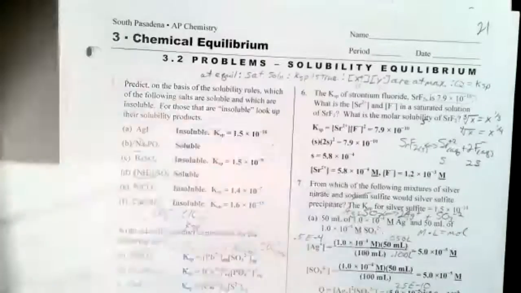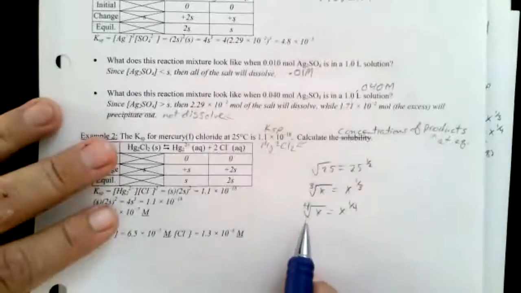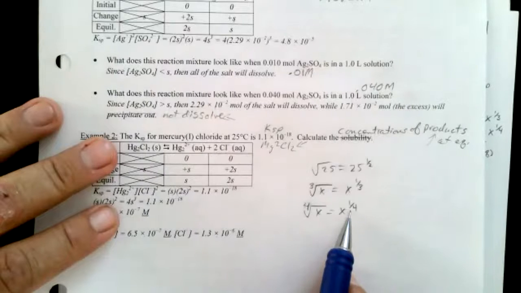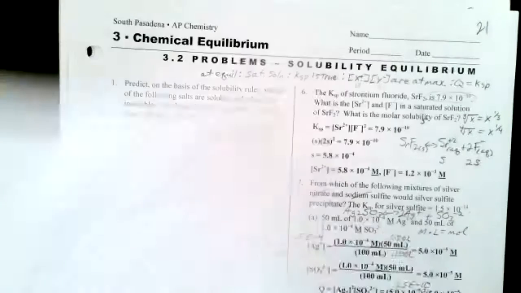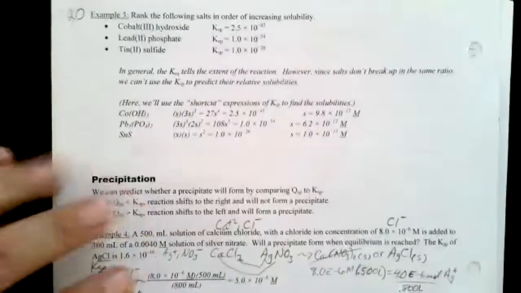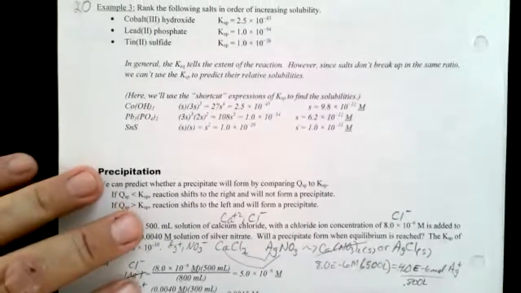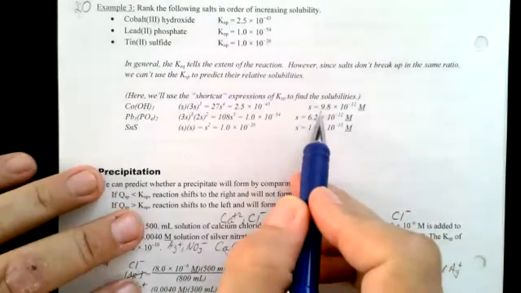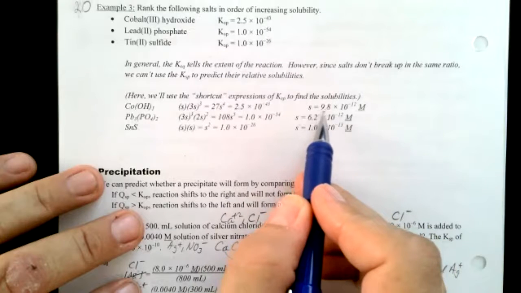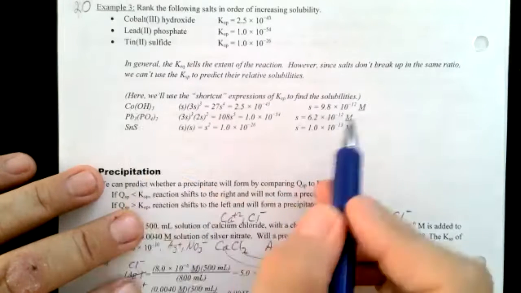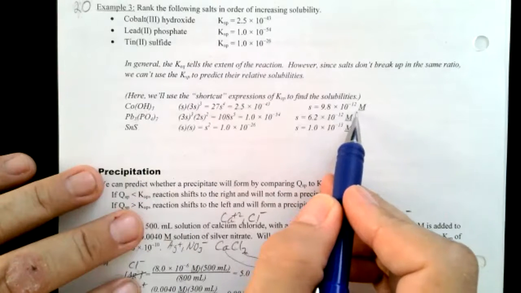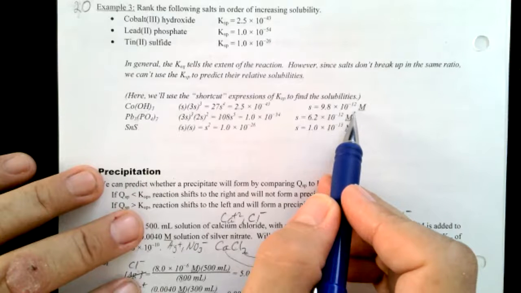Also, I will point out that the fourth root is the same thing as taking something to the 1/4 power. So we solve for S, and S is this. This is the maximum number of moles of this salt that can dissolve per liter of water at this temperature.